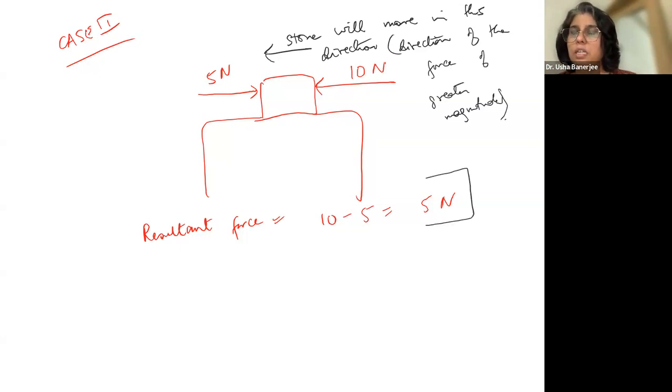So the resultant is 5 Newton, and the stone will move in this direction. Understood? Everybody understood? Okay. So this was case number 2.